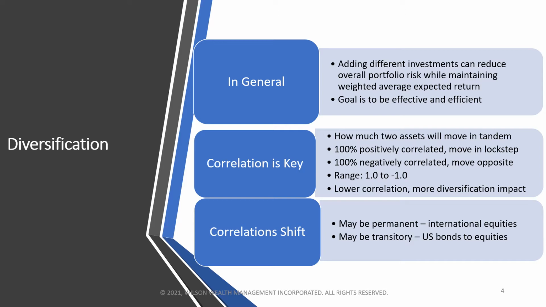To be effective means that you are achieving that goal of being well diversified, reducing your portfolio risk. The efficiency side is, what is the cost of doing that? That could be time, it could be physical cost. So we want to be effective and efficient.